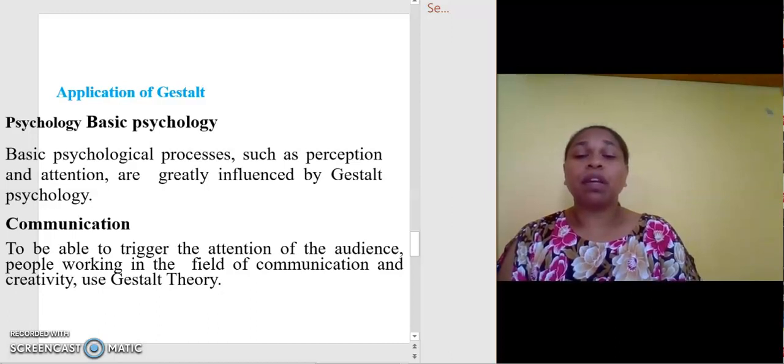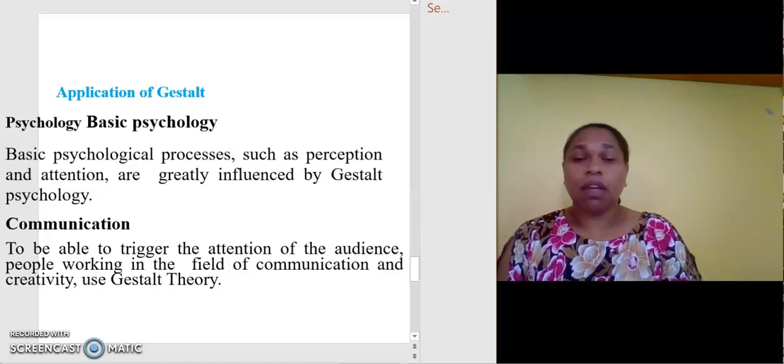For people working as artists, publicists or designers, it is important to understand how the human mind interprets images. This knowledge can help them to produce work that communicates to the audience in the way they intended to do. Okay, so that's the second application.